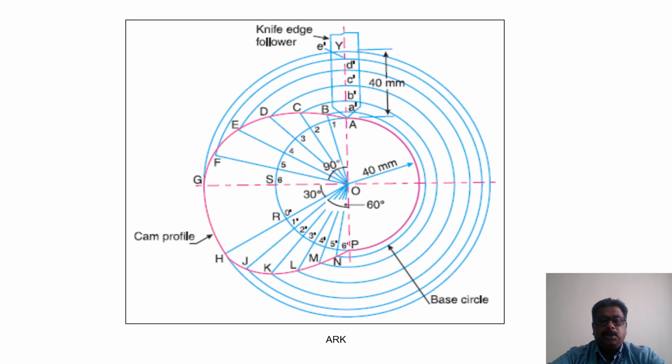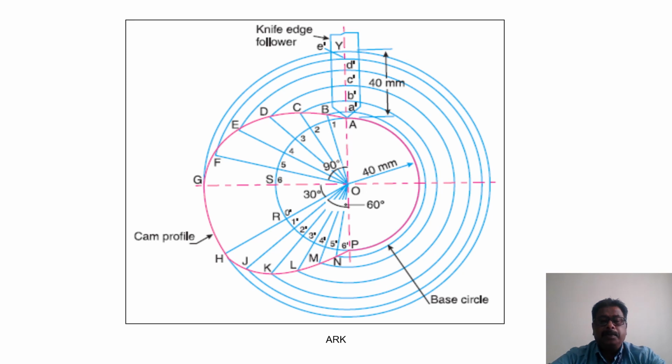Measure the points from 1 to B from the displacement diagram and mark it on the radial lines. Similarly, do it for 2C, 3D, 4E, 5F, 6G, O-H, 1-J, 2-K, 3-L, 4-M, 5-N, and 6-P.